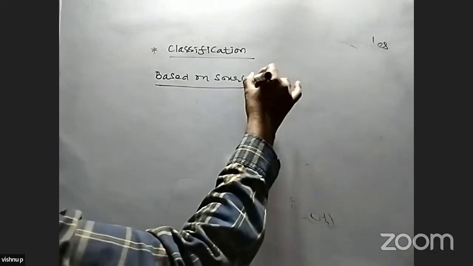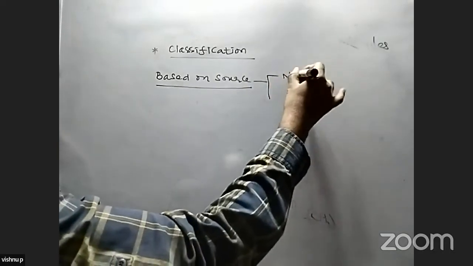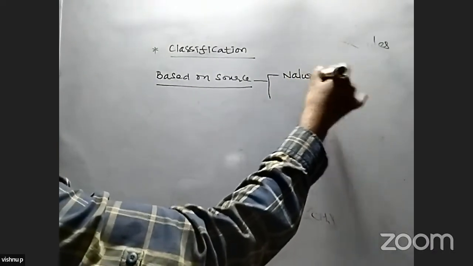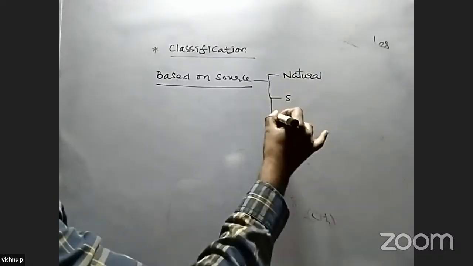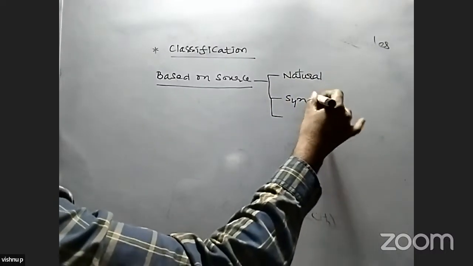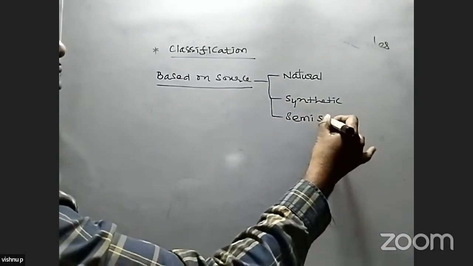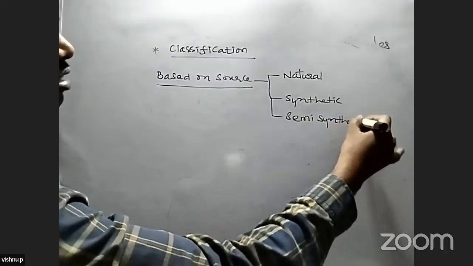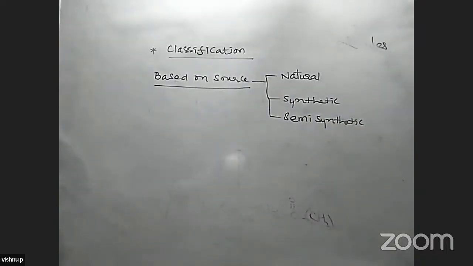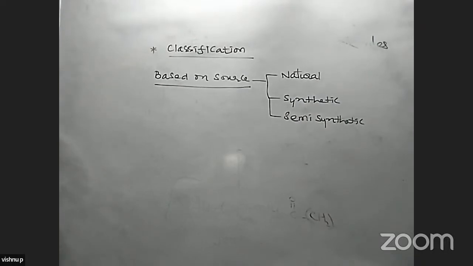Based on source, polymers are divided into three types: natural polymers, synthetic polymers, and semi-synthetic polymers.